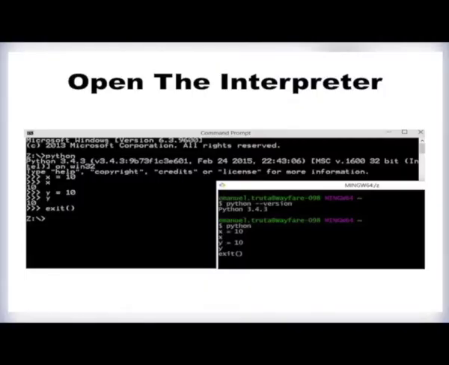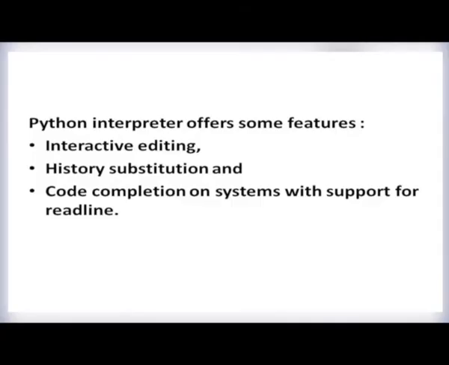To open the Python interpreter, type python in the command prompt as shown. When you start Python, it prompts for the next command, usually three greater than signs. Otherwise, you can also open the interpreter as discussed in our previous module.